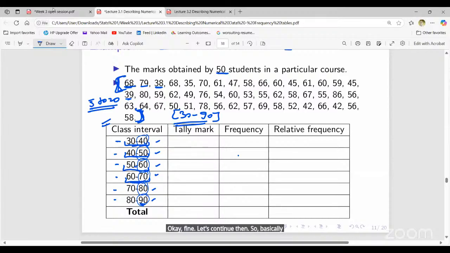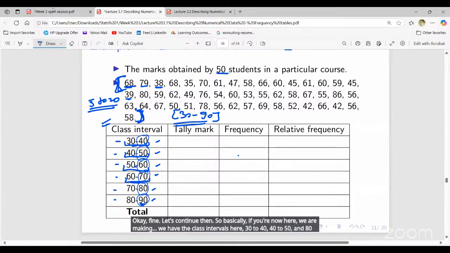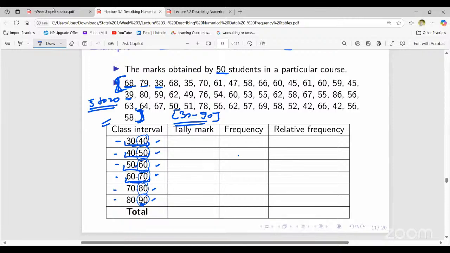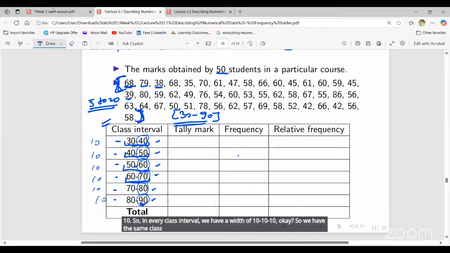So basically, here we have the class intervals 30 to 40, 40 to 50, and 80 to 90, till that. And what is the class width? 10. So in every class interval, we have a width of 10, 10, 10. So we have the same class width as well. Correct?